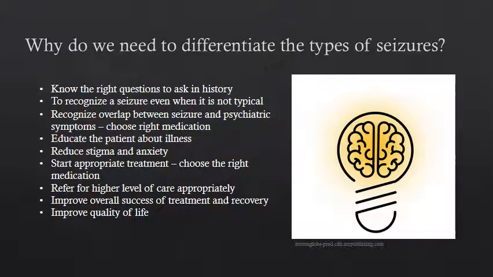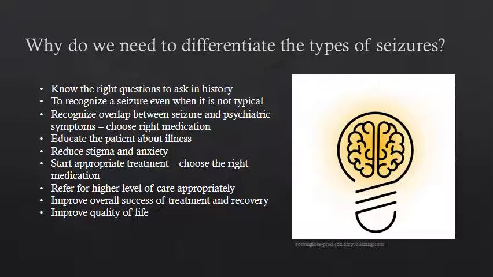At this point in the presentation, you may be wondering, why do we need to differentiate the types of seizures? Is it going to affect our management? And the answer is yes. It's not always easy to differentiate them clinically, or even with EEG and CT brain, we may not be able to differentiate it because the presentation of seizures can be quite complex.